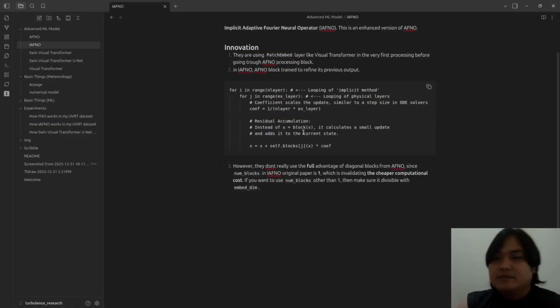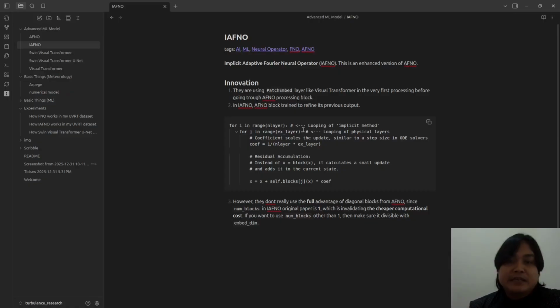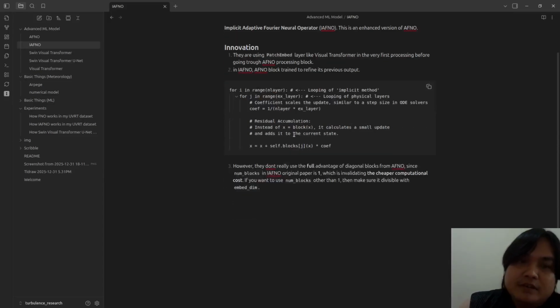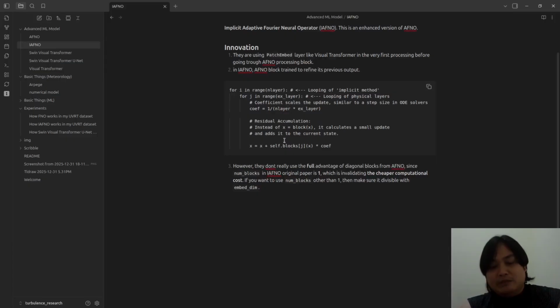So basically, the input for the IAFNO will be processed many times by the same layer, or by the same block computation. And they say that how this works is similar to the implicit method in numerical models. The implicit method in numerical models is a way to solve the PDE other than the explicit method, where we use a central difference or forward difference.